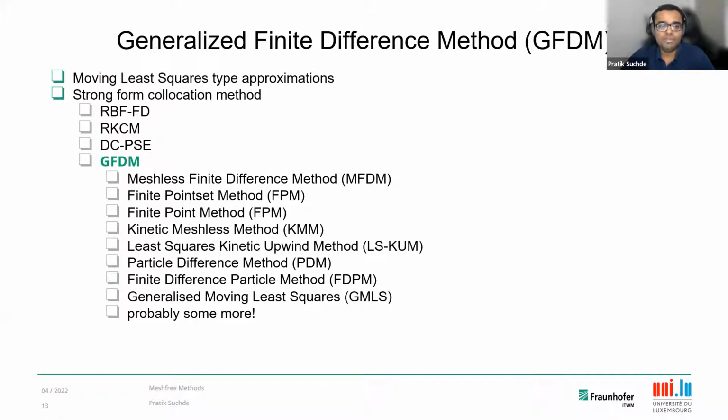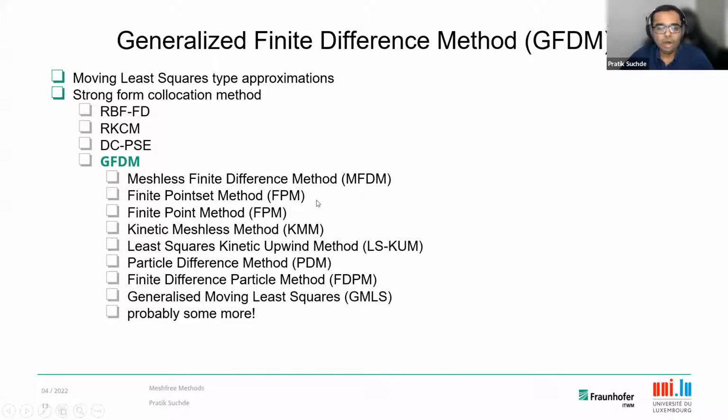Strong form Meshfree methods are generally broadly classified into 4 categories: radial basis function, reproducing kernel, discrete correction of particle strength exchange, and GFDM. Today, I'll be focusing on GFDM, which, as the name suggests, is a generalized finite difference method. So it generalizes classical finite differences to unstructured point clouds.